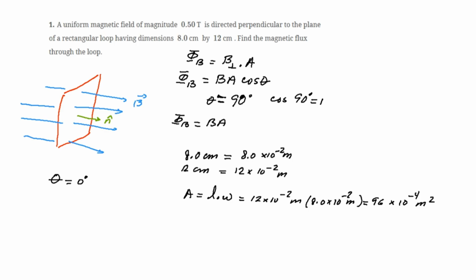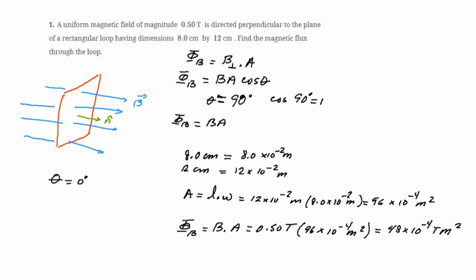So for this area, we can now calculate the magnetic flux that passes through that area. It's B times A. B is 0.50 Tesla, and the area there is 96 times 10 to the negative 4 meters squared, and this gives us 48 times 10 to the negative 4 Tesla meters squared.